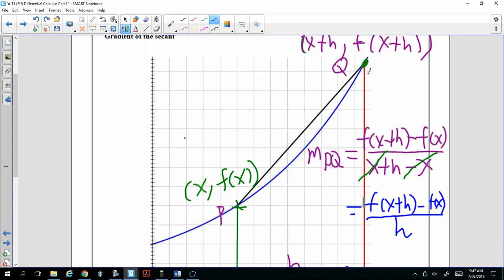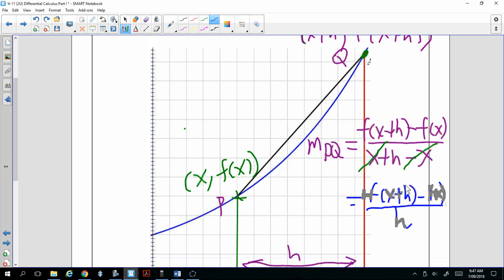And when does the secant become a tangent? That's when h approaches 0. Alright, so let's write this down. We're going to copy this here. So this bit is when you take the limit as h approaches 0 of this. That gives you the derivative.